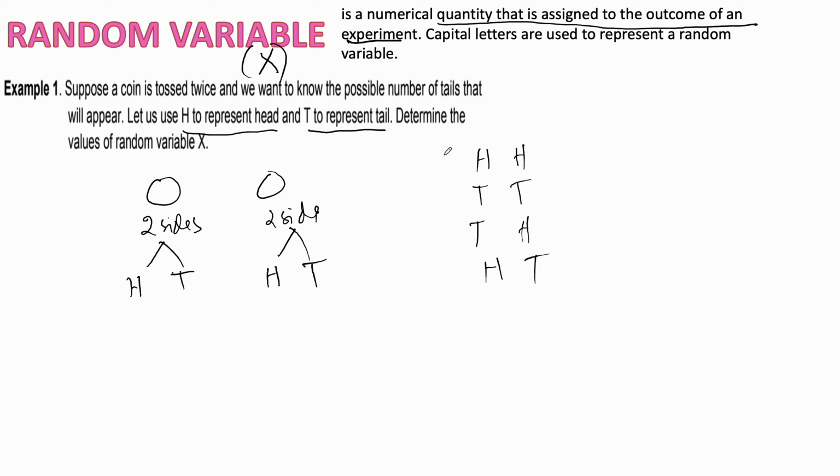Okay. So, eto na yung possible outcomes mo. Kasi that is inevitable naman, di ba? Yung possible outcomes niya. Kasi yan din ang mangyayari kahit gawin mo siya in real life. Therefore, in tossing a coin twice, you will have 4 possible outcomes.